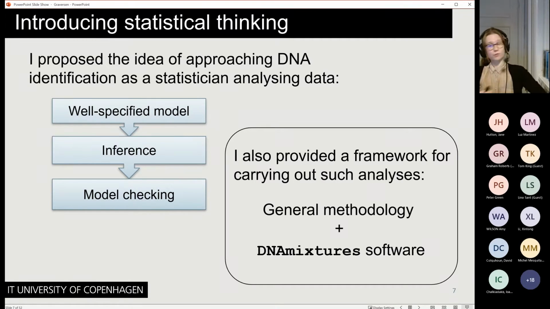And then if I wanted to do some statistics, I needed to develop the statistical methods for this, and I needed to make sure that it runs fast enough. So I developed the computational method, and then I did a specific implementation of it. That was to be thought of as a proof of concept, and also my own research software. And in the DNA community, you can say that my whole bulk of work is now condensed to, oh, it's the DNAmixtures software.